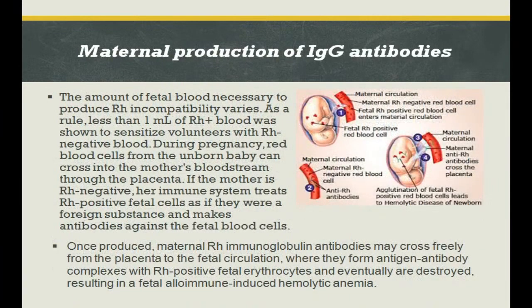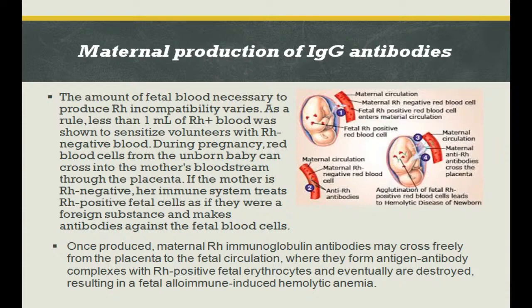The next step, maternal production of immunoglobulin antibodies. The amount of fetal blood necessary to produce rhesus incompatibility varies. As a rule, less than 1 ml of rhesus positive blood was shown to sensitize volunteers with rhesus negative blood.